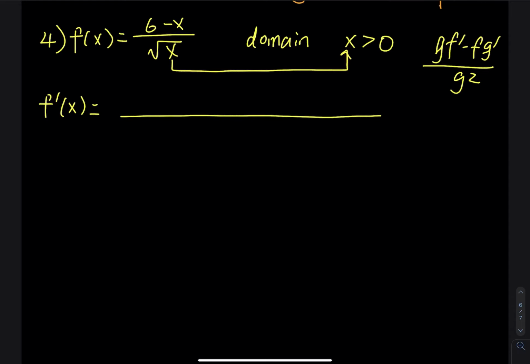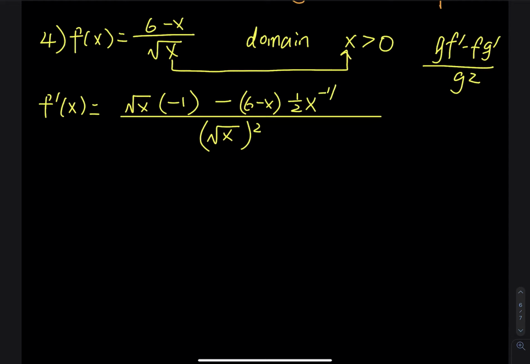All right, we square the denominator, and then square root of x, the derivative of 6 minus x is negative 1, and then minus 6 minus x, the derivative of the square root is 1/2 x to the negative 1/2. And then you have to simplify this all the way to the end.